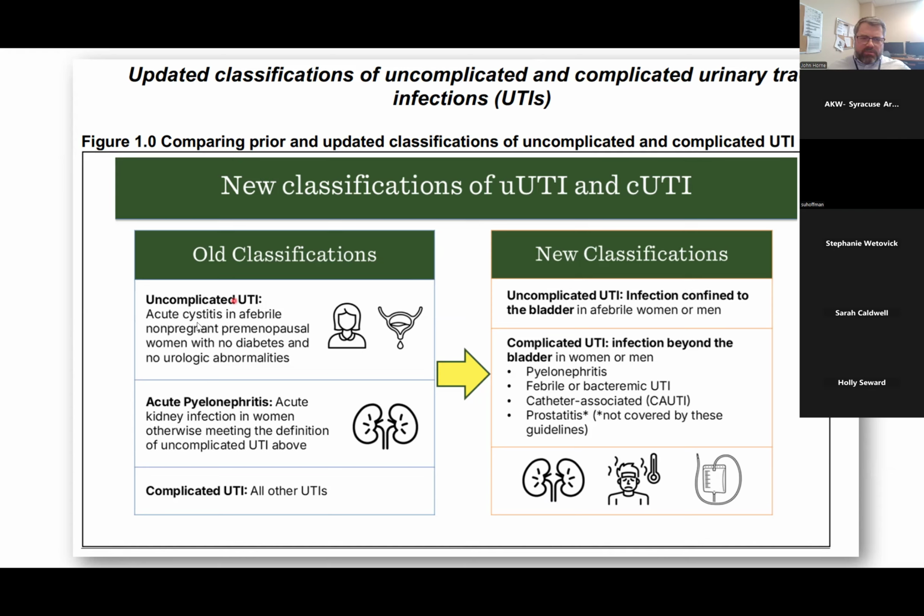Uncomplicated UTI, so acute cystitis, infection, inflammation of the bladder, in afebrile, non-pregnant, premenopausal women with no diabetes and no urologic abnormalities. So really the only people that could have an uncomplicated urinary tract infection would be a young woman with no complications and no comorbidities.